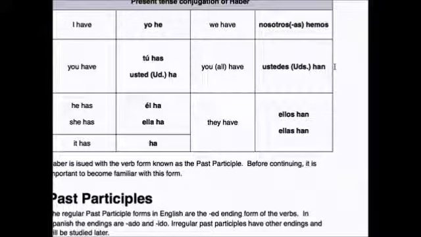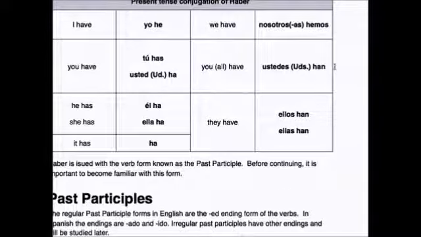Nobody wants to speak? Nadie quiere. Quiere, that first one. Nadie quiere hablar. Nobody can speak?